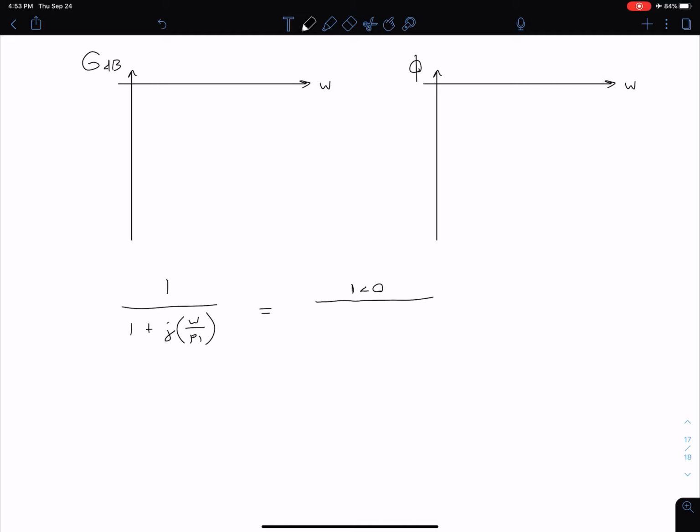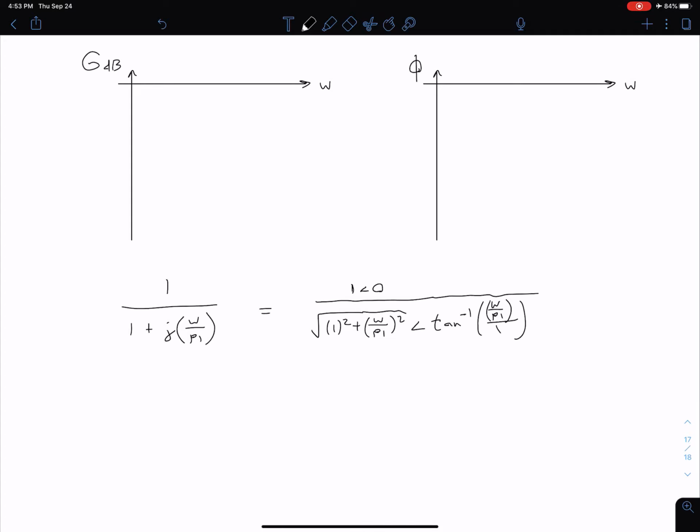Our denominator, of course, isn't going to be so straightforward, so we're going to have the square root of 1 squared plus omega divided by p1 squared. And the phase angle is going to be inverse tangent of omega over p1 divided by 1.